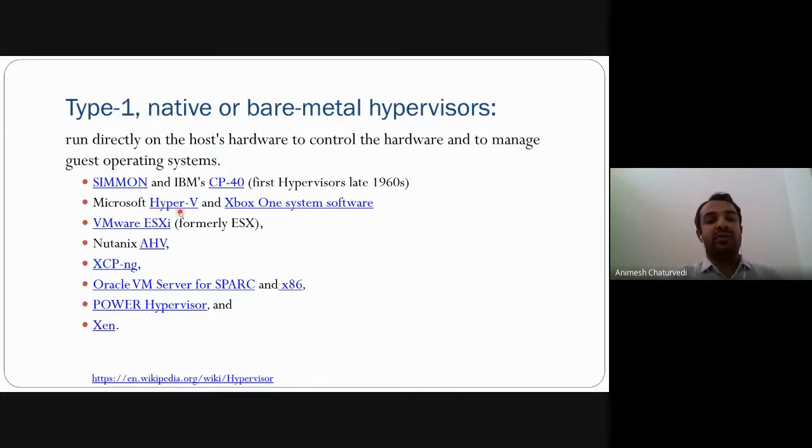Then Microsoft Hyper-V, Xbox One system software, VMware ESXi, Nutanix AHV, XCP-ng, then Oracle, PowerVM, Zen. So these are examples of type 1, which is installed directly on the hardware.